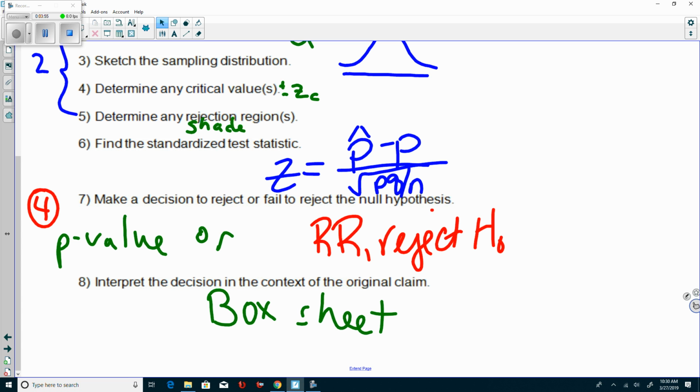In 7.4, you choose, unless I specifically tell you what to do. You choose either one. Don't put both. You can do both to check, that's good. And then, of course, refer back to the box sheet. What page was that? Page 9? Okay.